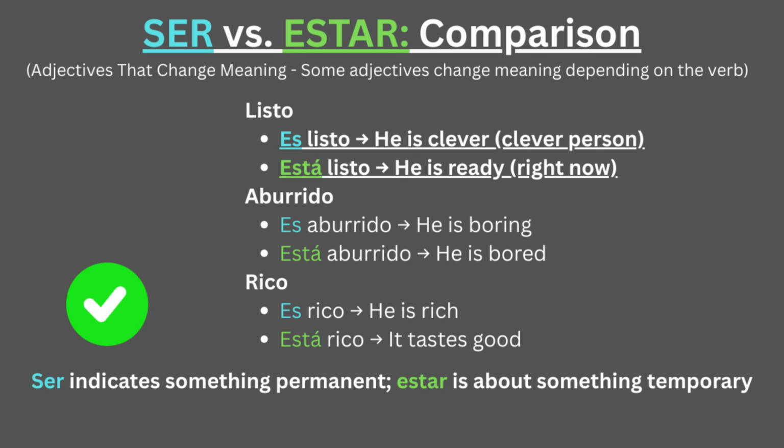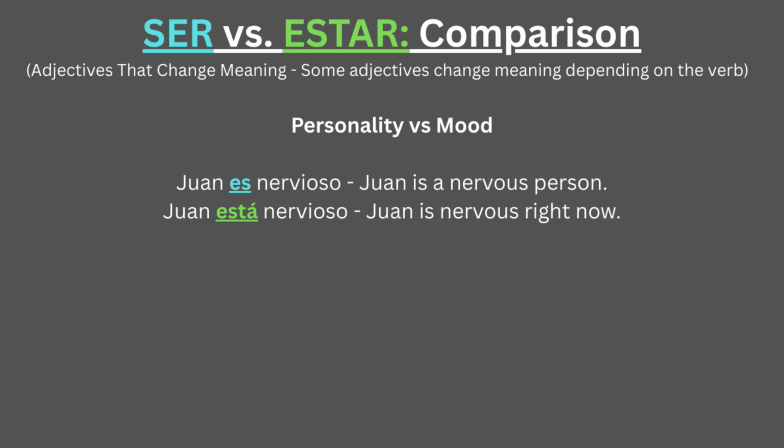Considering this difference, the verbs can also make a distinction between personality and mood, such as Juan es nervioso. Juan is a nervous person. Juan está nervioso. Juan is nervous right now.